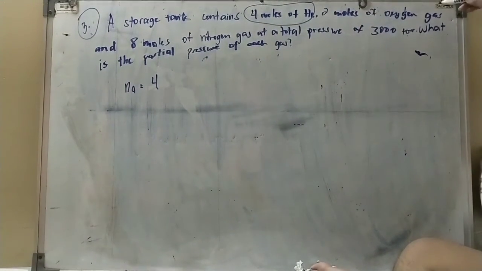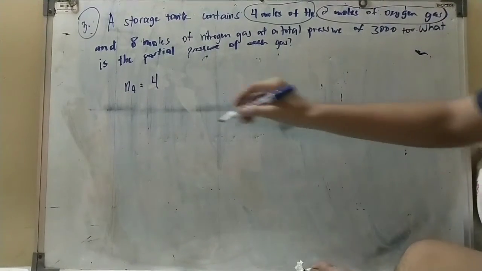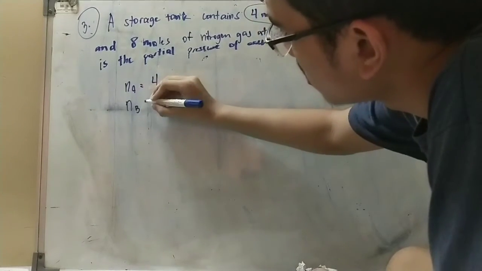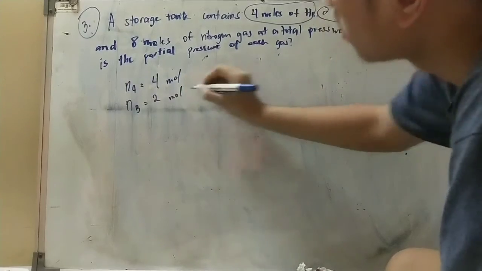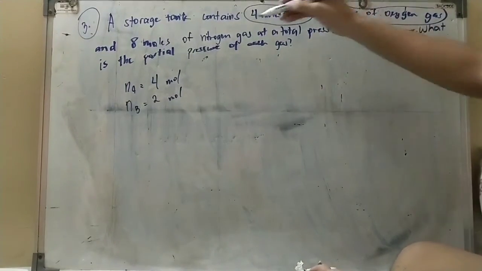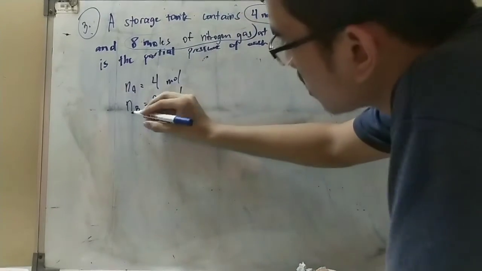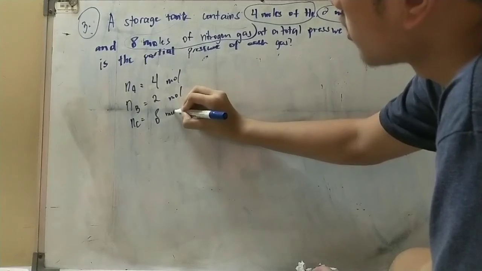Right, the next value I see is 2 moles of oxygen gas. So let's put Nb is equal to 2 moles. The third value I see is 8 moles of nitrogen gas. So let's write Nc is equal to 8 moles.